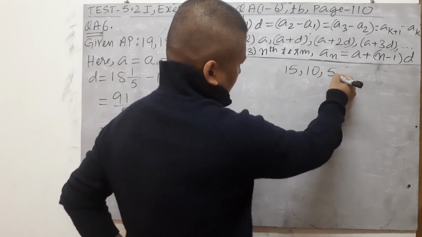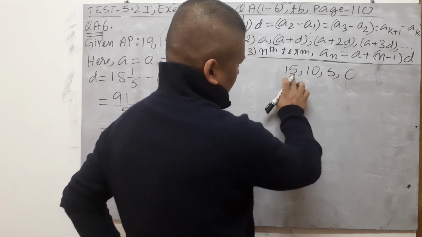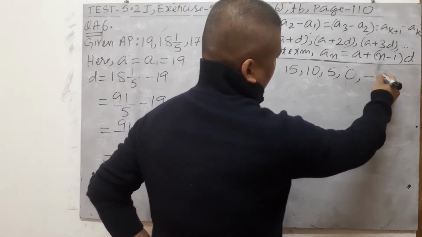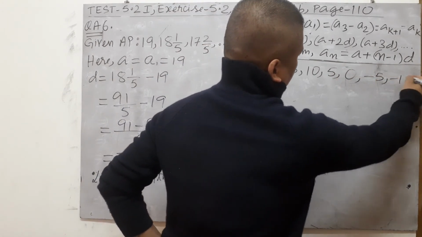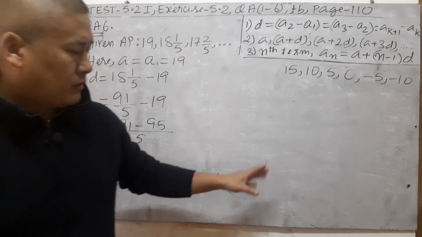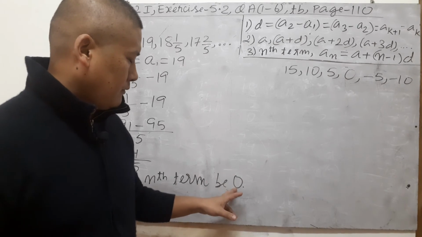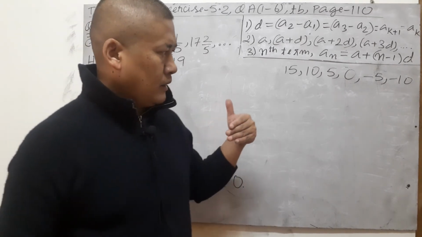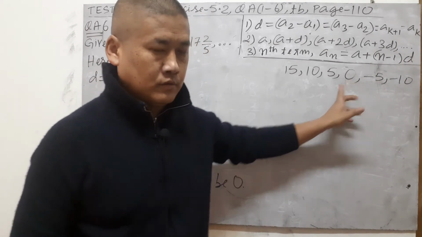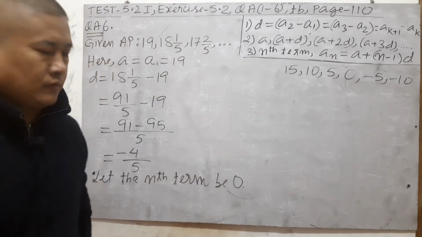So 5 minus 5, 0. 15 minus 5, 10. So like that it is going to go, and then here will be minus 5, minus 10. You go like that. So we are assuming that the first negative term will be on the right side of the 0. So let's take 0 to find out.